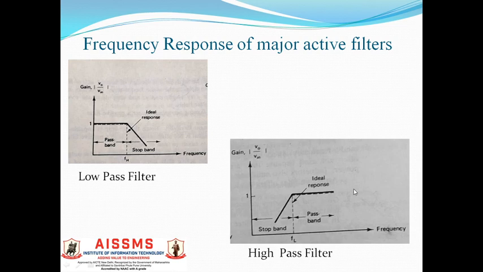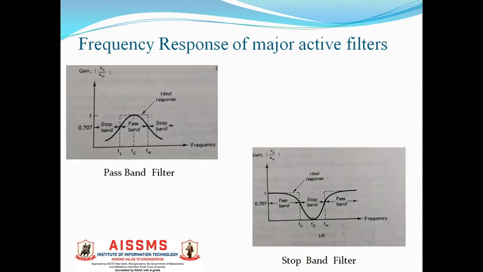Then the next type of filter circuit is the band pass filter. If you look at this band pass filter, what you observe is that it has two cutoff frequencies. One is FL, the lower cutoff frequency, and the other is FH, the higher cutoff frequency.